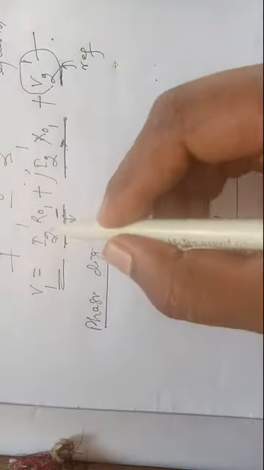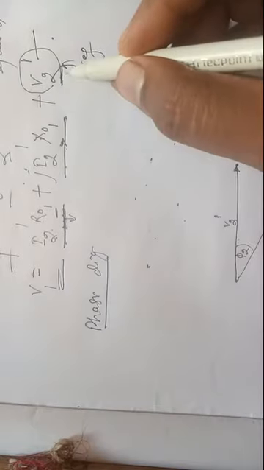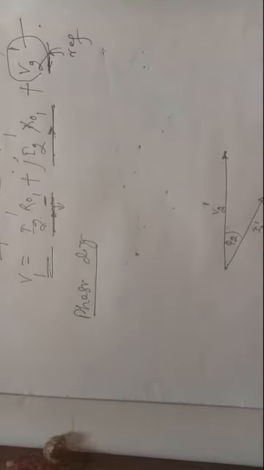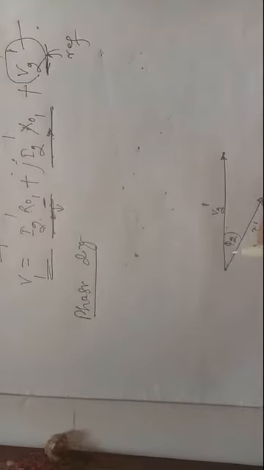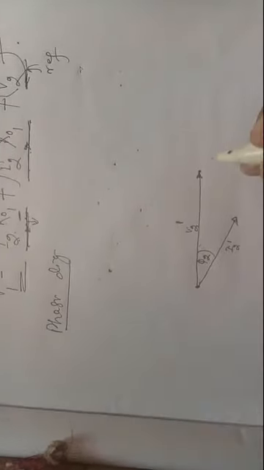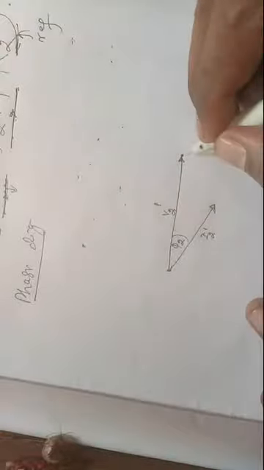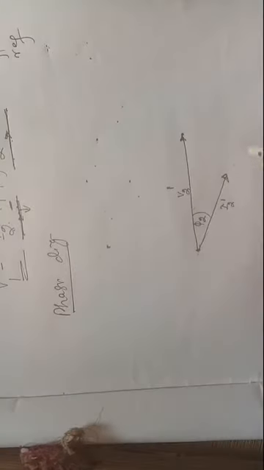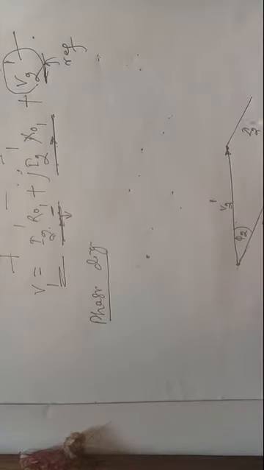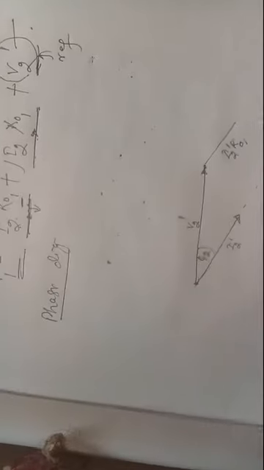So I2 dash R01 will start from the tip of V2, where V2 ends. Here V2 is the starting point and this is the ending point. This will be drawn in parallel with I2. So this is I2 and this one is I2 dash R01.